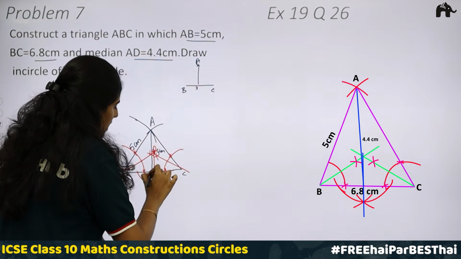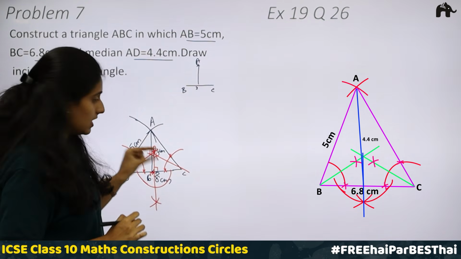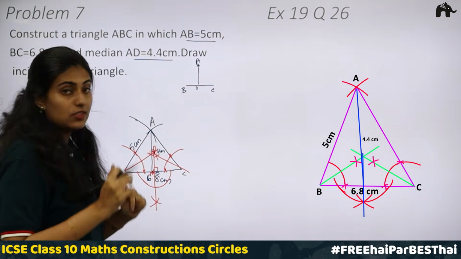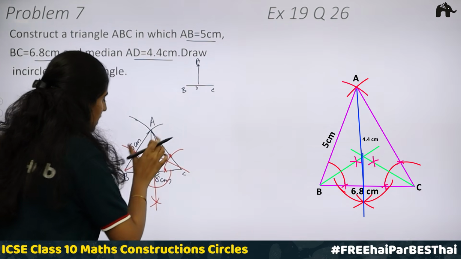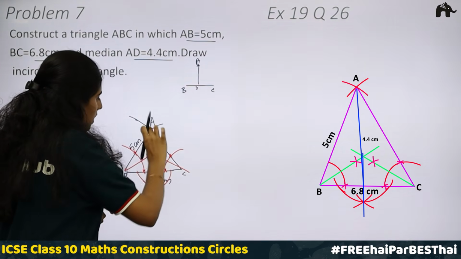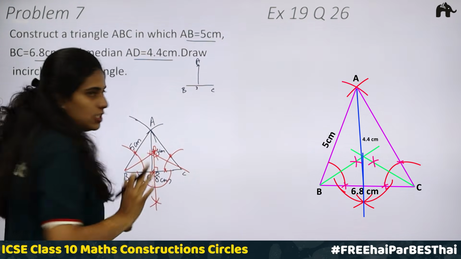Now, let us take this point as M. With OM as the radius and O as center, we are going to draw a circle, which is the incircle. We cannot take, as in case of the circumscribed circle, OB, OA or OC as the radius. Why? Because they are of different measures.